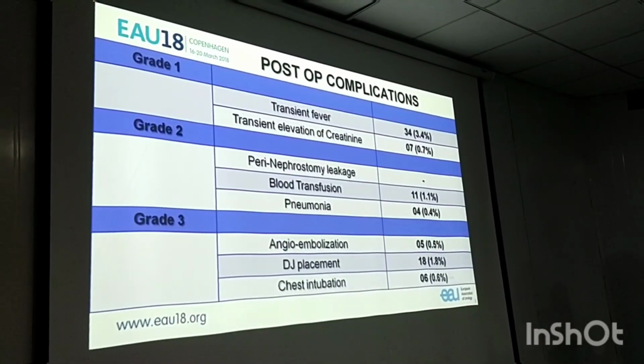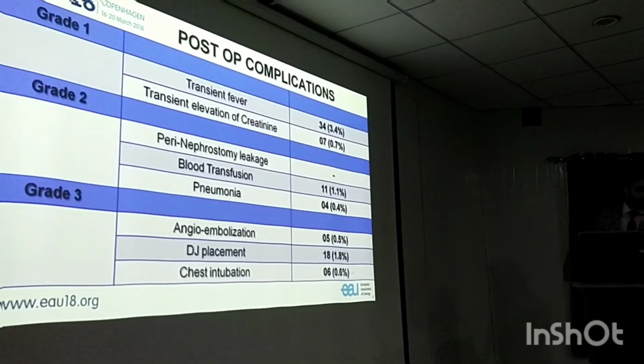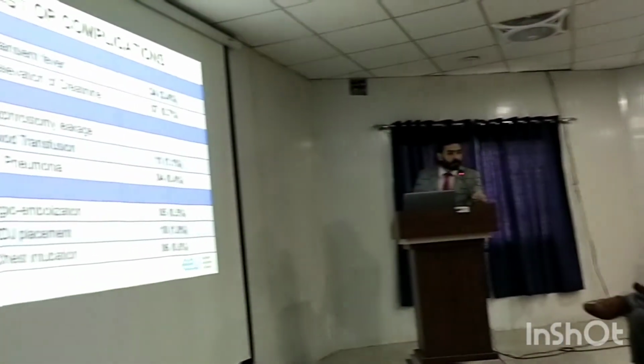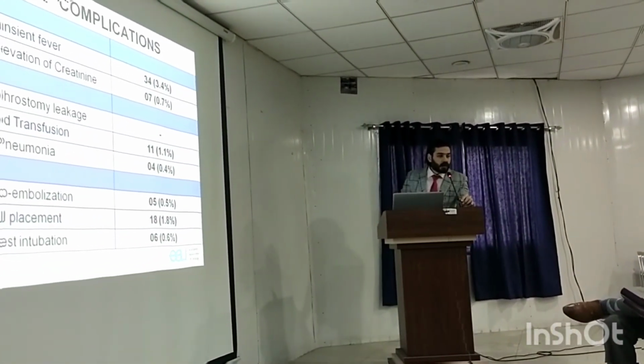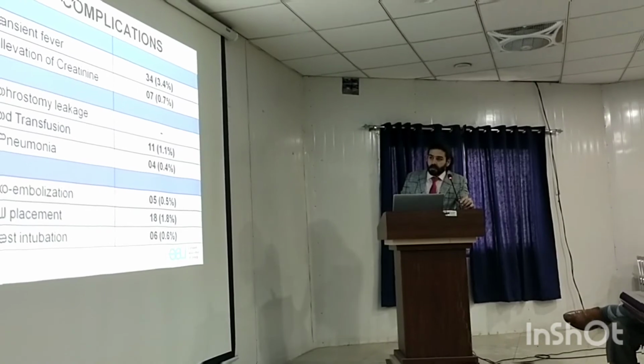Angioembolization: in 3 years of training at AFIU, I have seen only 3 patients post PCNL who underwent angioembolization, and luckily their kidneys were rescued. Initially there was difficult monitoring.